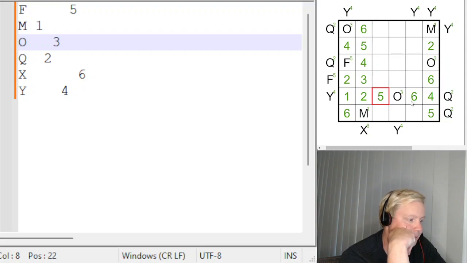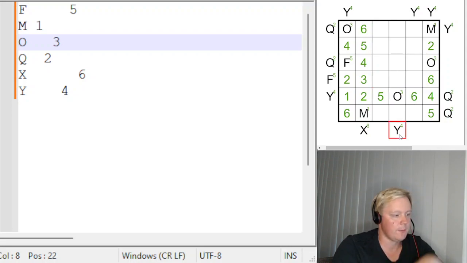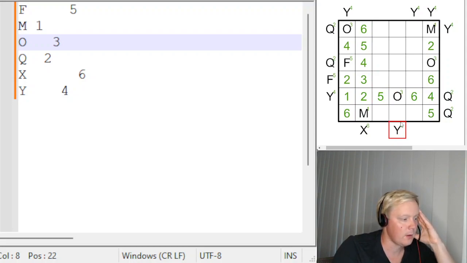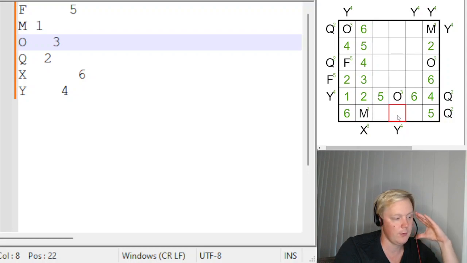So now, can we say anything about this 4? This number can be 2, 3, and 4. Now it can't be a 4, because if this is a 4, then we only see 5 and 6 here. That's not enough numbers. That's only 3 numbers. So this can't be a 4.